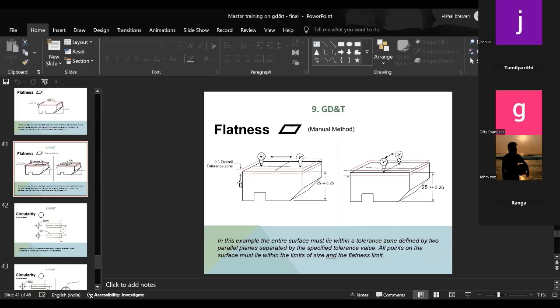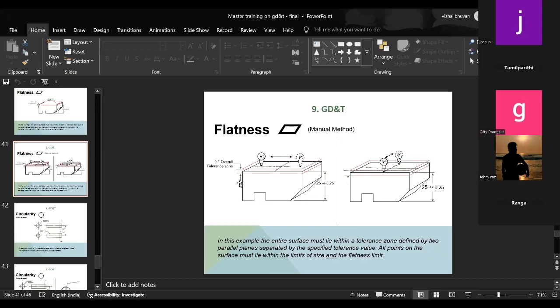So in this plane, if we check straightness, we will move in one linear direction, so the one linear waviness will be covered. In flatness, we're going to check the entire surface. So the dial gauge will move over the entire surface, so we can get the entire surface reading. So this is the major difference between straightness and flatness. The concept is the same.